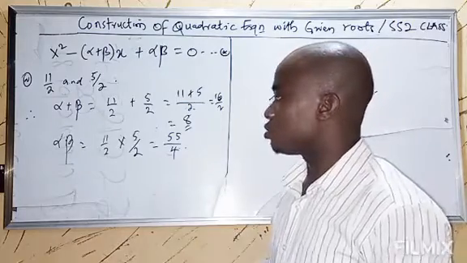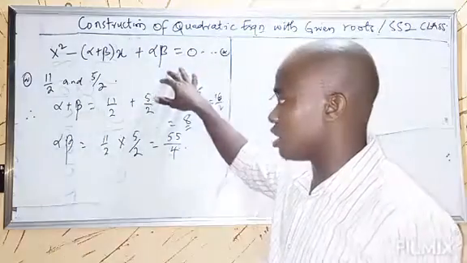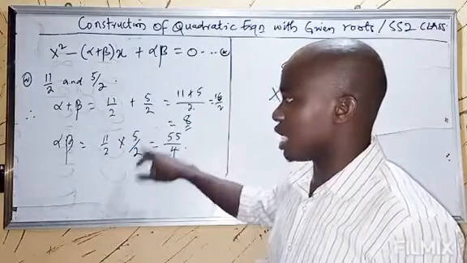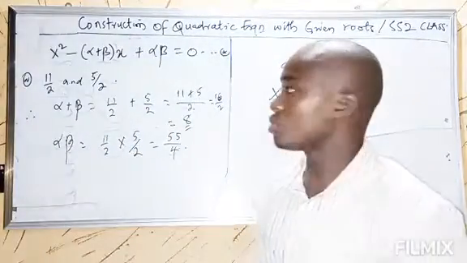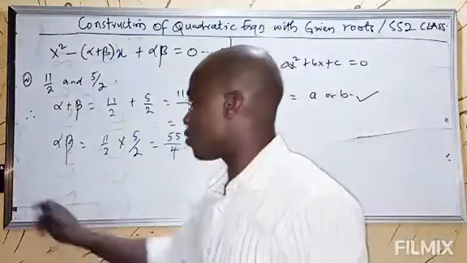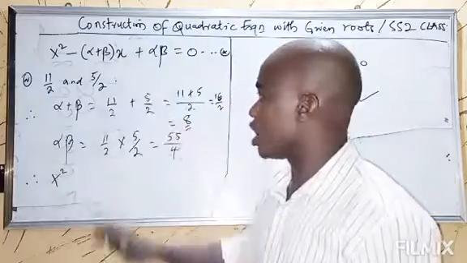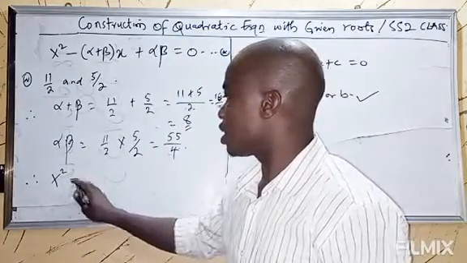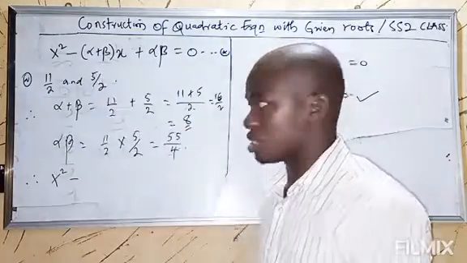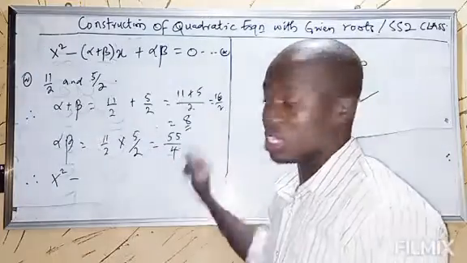From there, you come back to the equation we have here and plug in this and this, then you have your solution. So from the equation, we have x squared minus alpha plus beta, which is the sum of the roots, which gives 8.